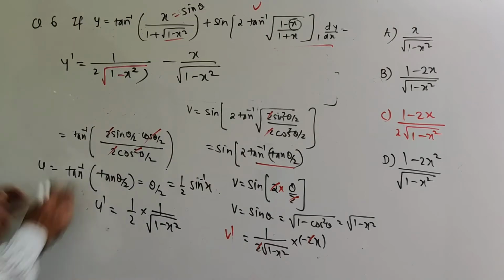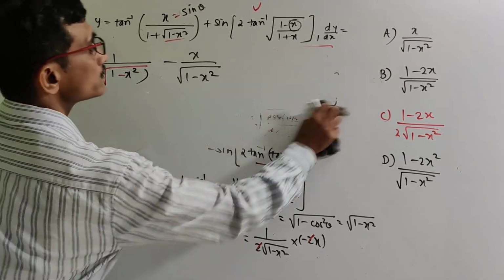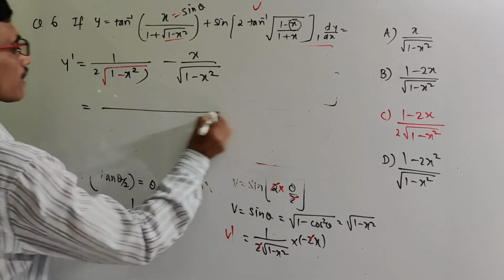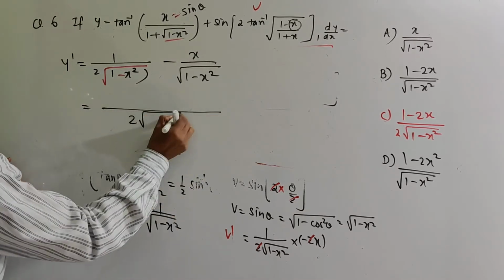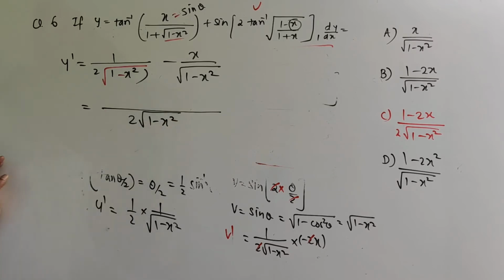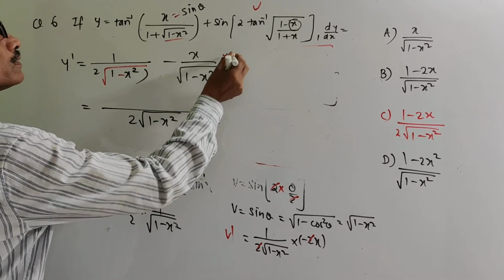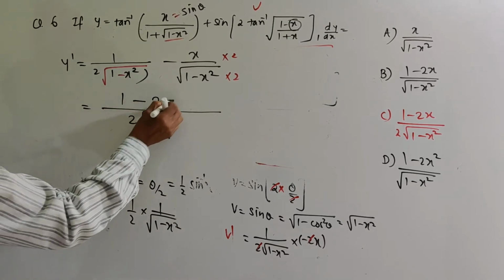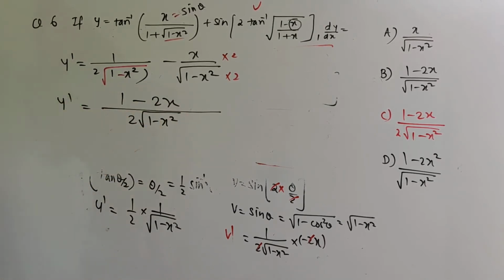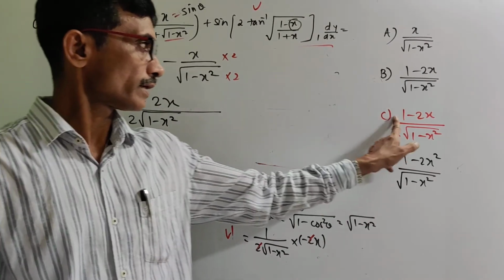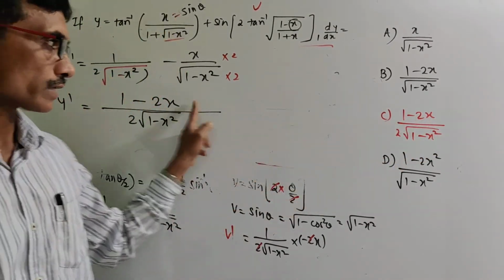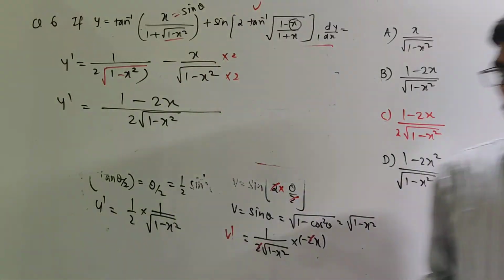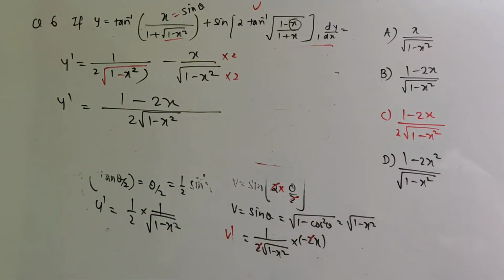So that here LCM is equal to 2 root of 1 minus x square multiplied by 2, so that y dash is equal to 1 minus 2x upon 2 root of 1 minus x square. So C option will be the correct option.